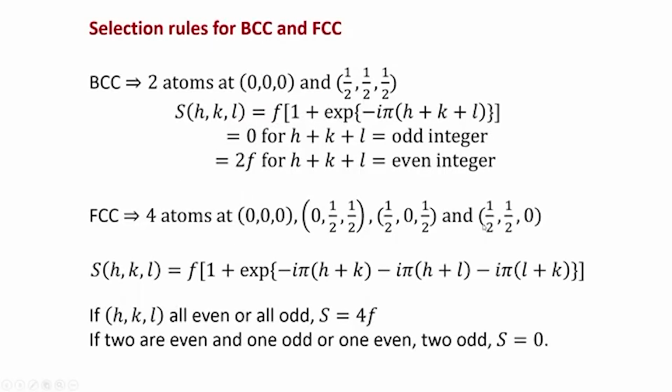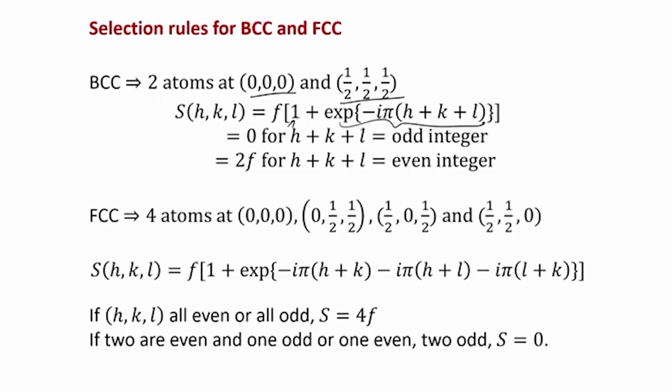Once we know that, let us formulate the selection rules for the FCC and the BCC structures. BCC has 2 atoms, located at the origin and at the body centered place. If we put these 2 values, for 0 0 0 we get 1, and for half half half we get this factor.